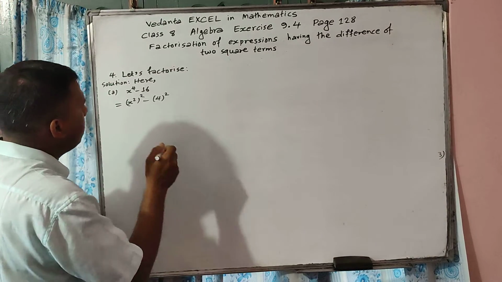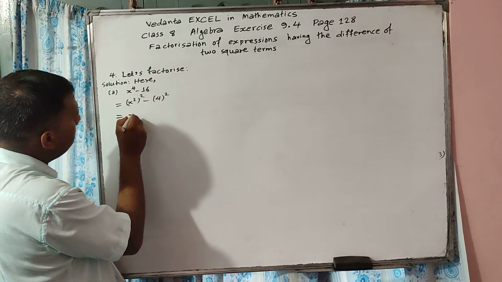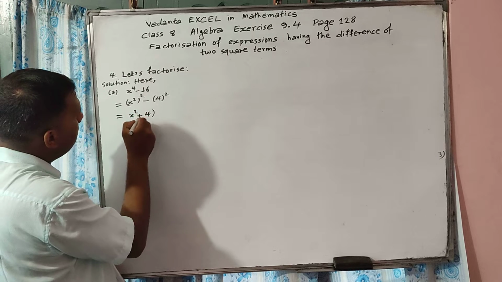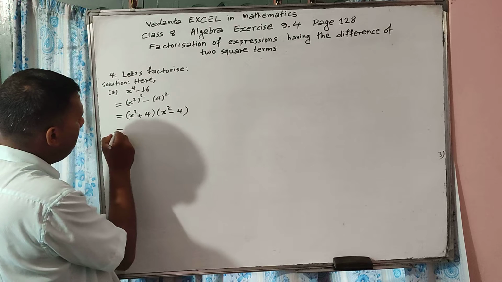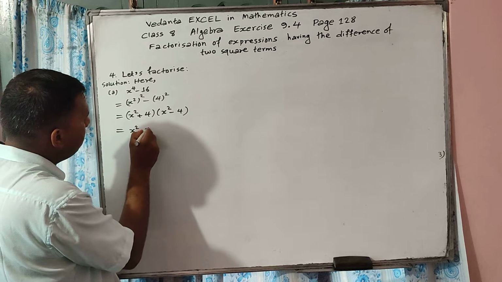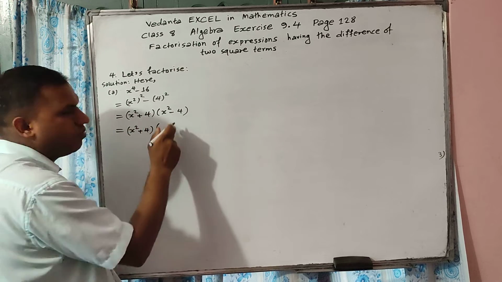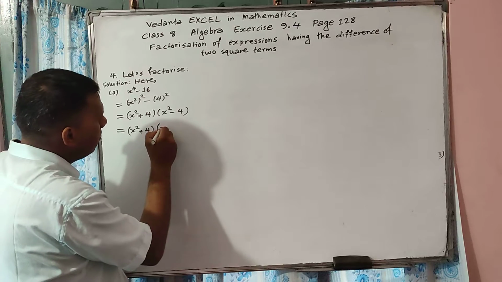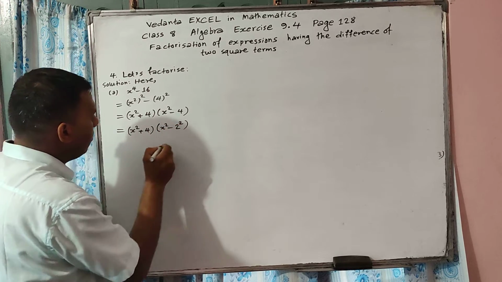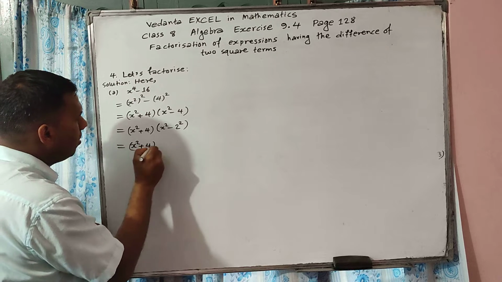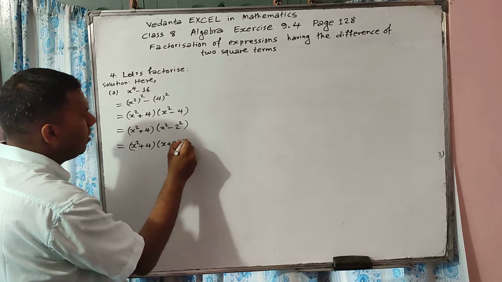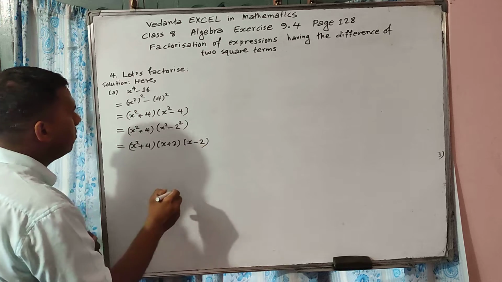This is equal to (x square plus 4)(x square minus 4). Again x square minus 4 can be factorized, so x square minus 2 square. Then this is equal to (x square plus 4) into (x plus 2) into (x minus 2).